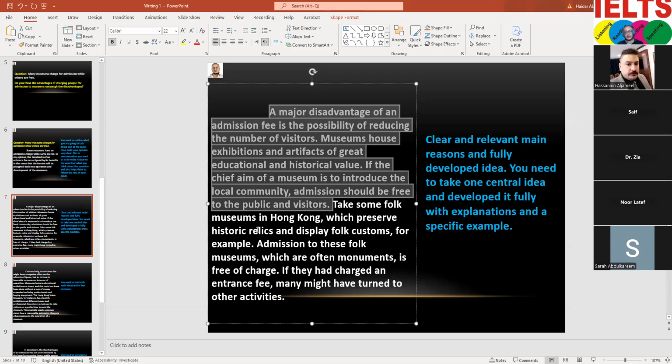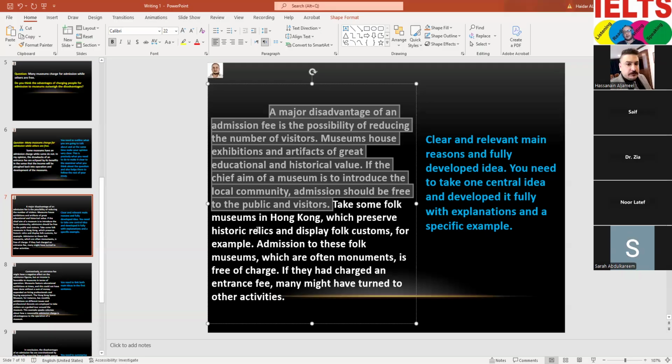And you have to write at least 250 words and or above. So, in this case, we have to extend, to make the paragraph longer, bigger.